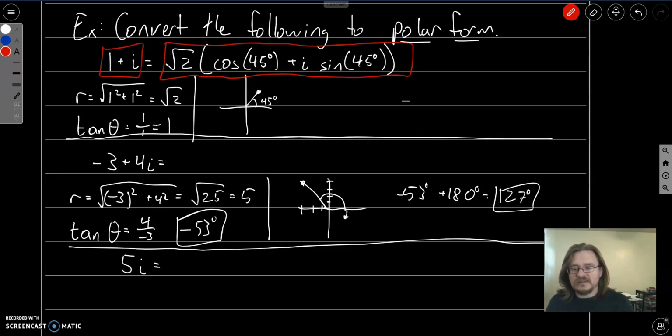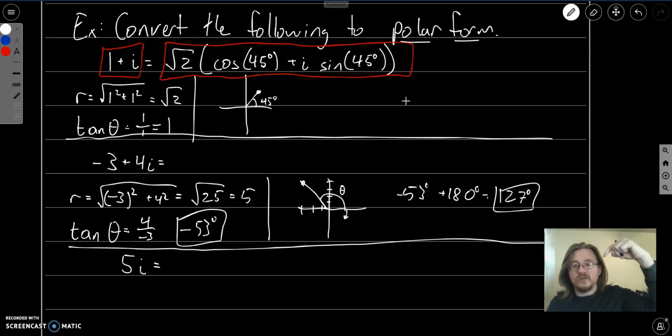And what we discovered in this last question is that sometimes the tangent, using the inverse tangent, doesn't quite work. So in particular, for this question, we had -3 plus 4i, so that's 3 backwards and 4 up, and we want this angle up here. But when we take the inverse tangent of 4 divided by -3, we got -53.